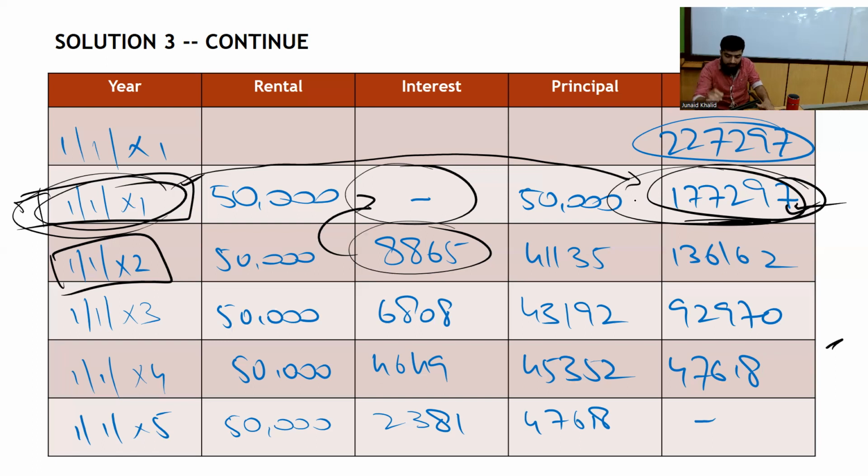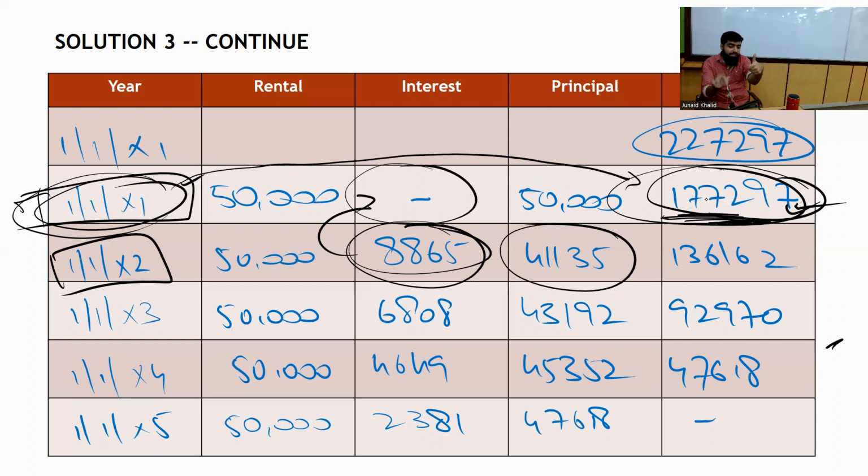That is two things. Number one, the finance cost, and number two, the principal amount. How? The liability that was due for the whole period was 177,297, and on that liability we calculated an interest of 8,865.